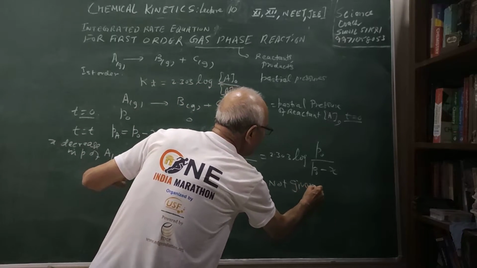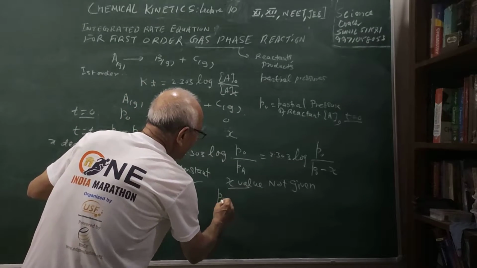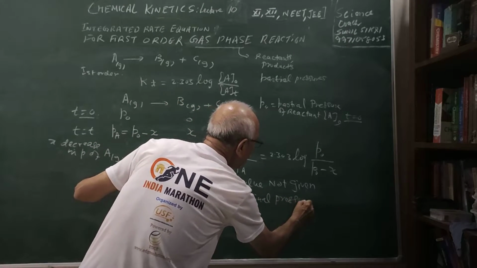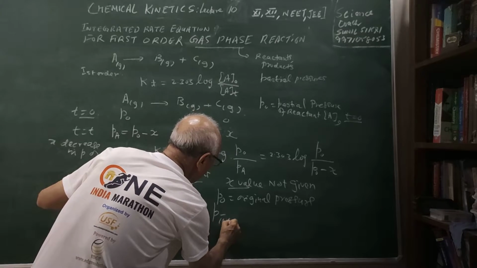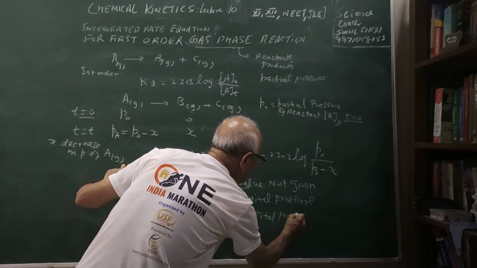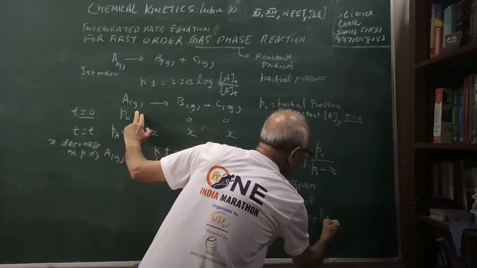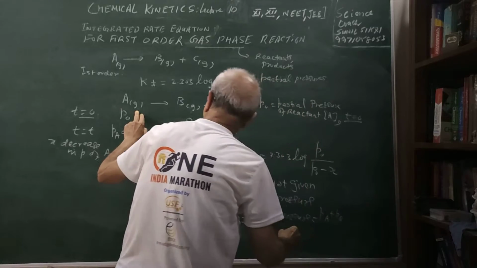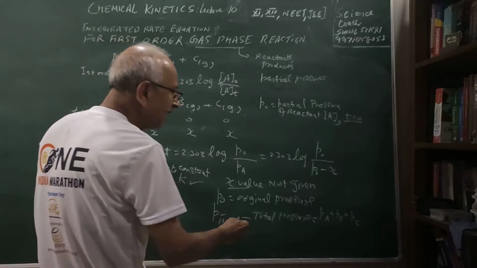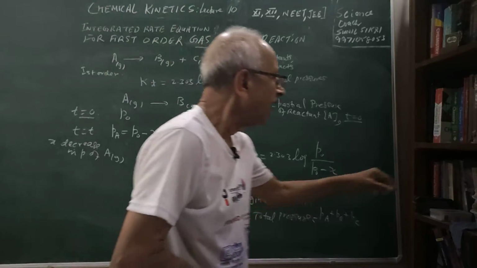What is given is P0, the original pressure, and the total pressure, P total, which is the sum of the partial pressures of A, B and C: PA plus PB plus PC. So how will we solve this question? Let us see.